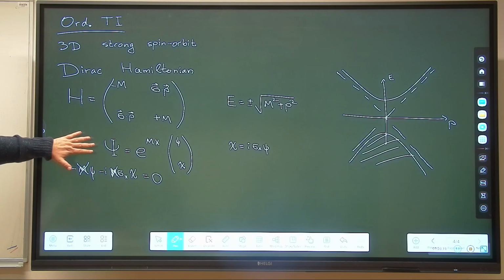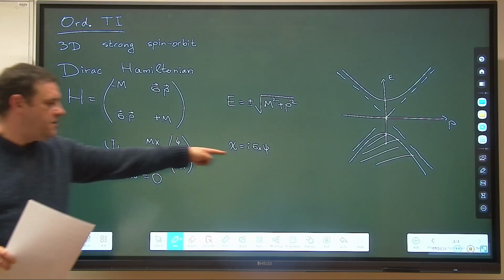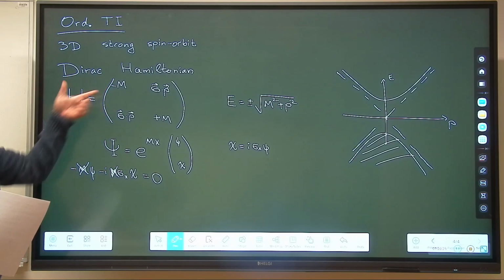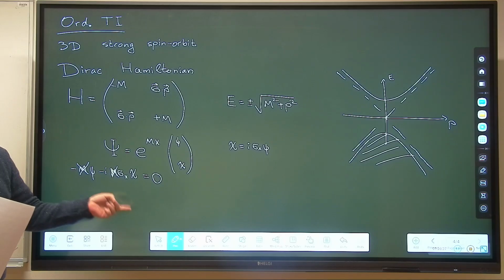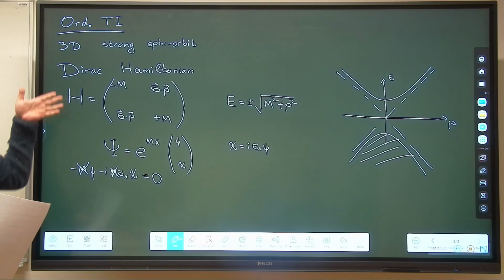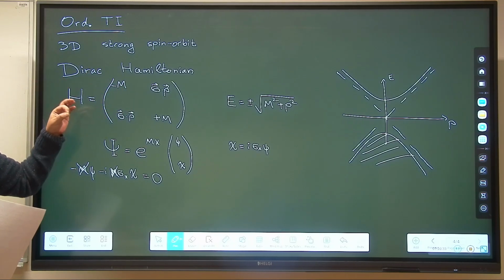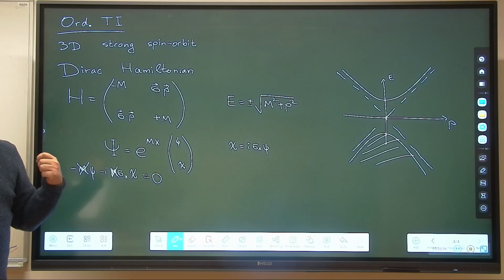So if I have this state and psi and chi are related like this, it's the eigenstate of this Hamiltonian. You can check the second line will also give zero. It's easy. So this is the eigenstate of this Hamiltonian with eigenvalue 0, and it's not normalizable because it has this exponent inside.